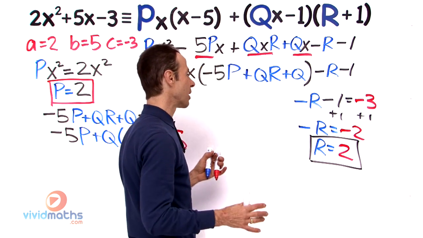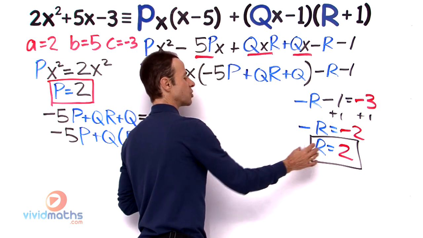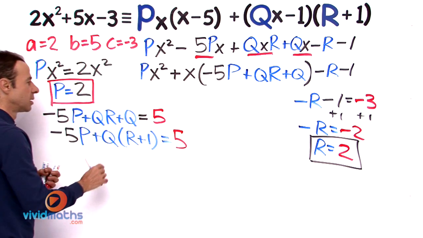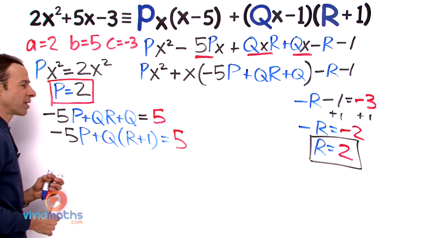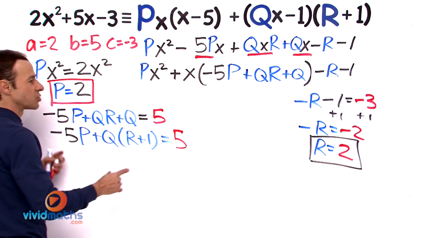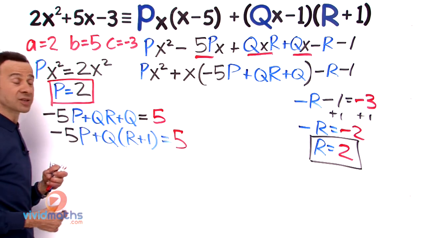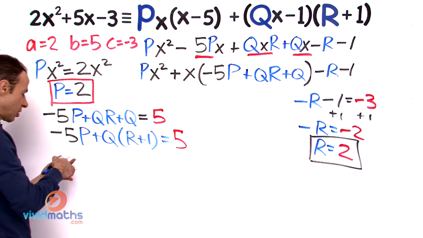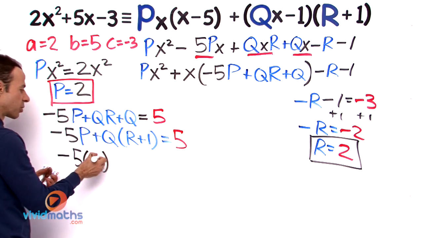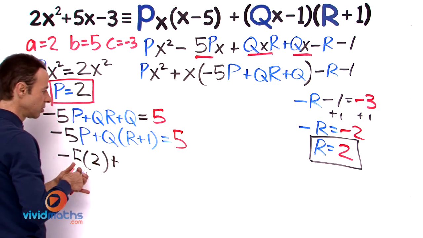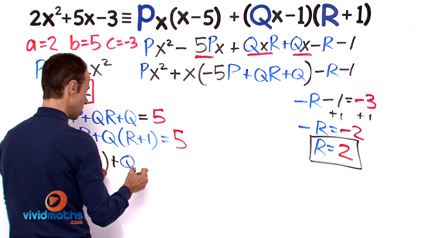Now that we have that, we can drag this into here and this into here so we can find the unknown, which is q. That's what we're after right here. So let's start off with p equals 2. We'll have here negative 5 times, now p is 2, so let's put a 2 there, plus q, the unknown, q bracket.